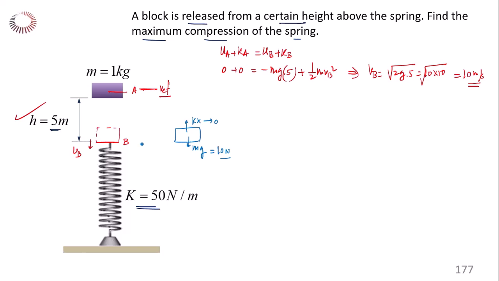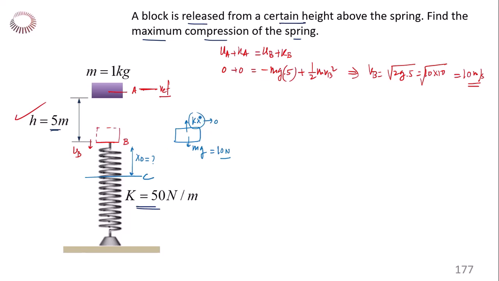Let us say I move up to point C, where mg equals kx. Ultimately kx will go on increasing and match mg. Let us say this distance is x naught.